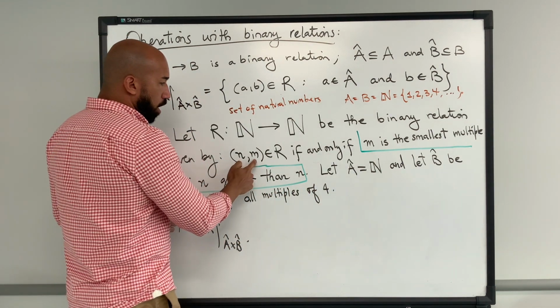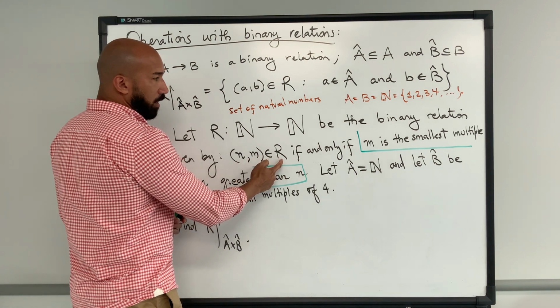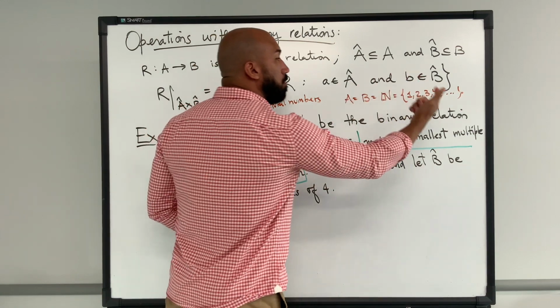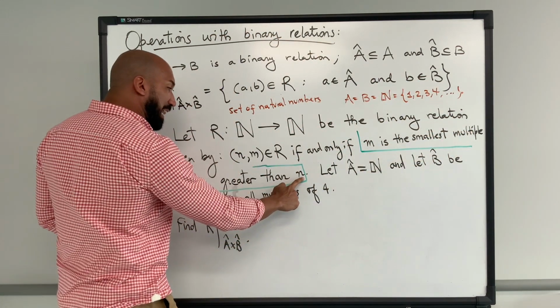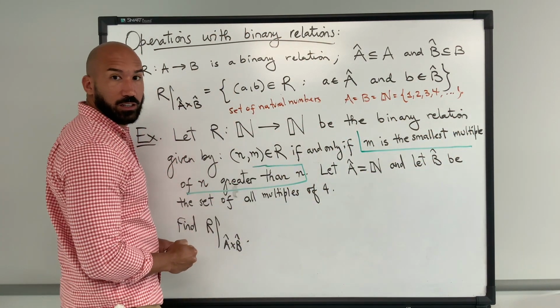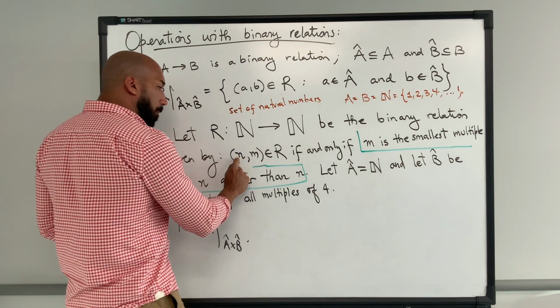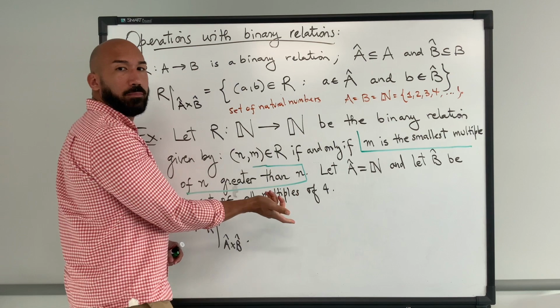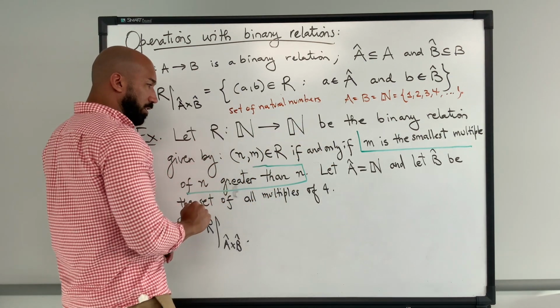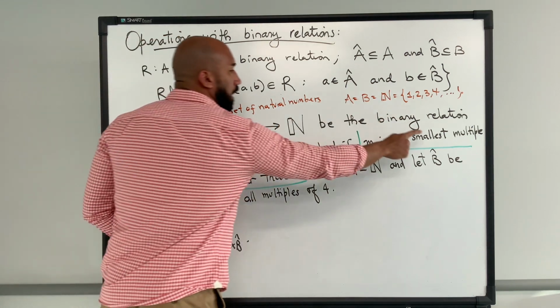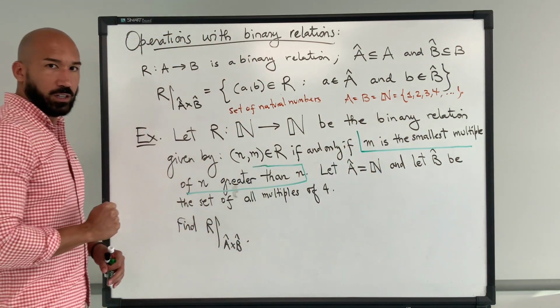So n, comma m is going to be a pair in this relation if m, the second component, is the smallest multiple of n that is greater than n. So the second component must be a multiple of n, but at the same time greater than n. And out of those multiples that are greater than n, we are choosing the smallest one. Is that okay?